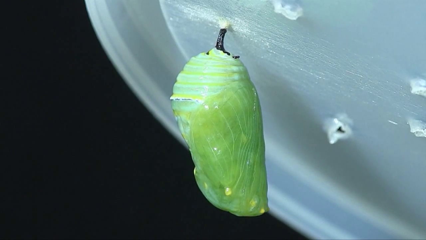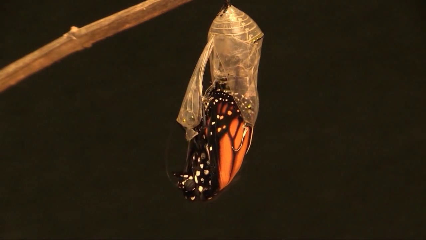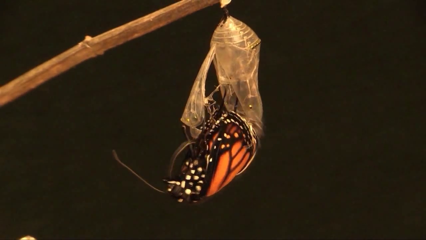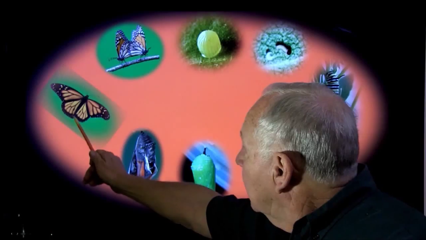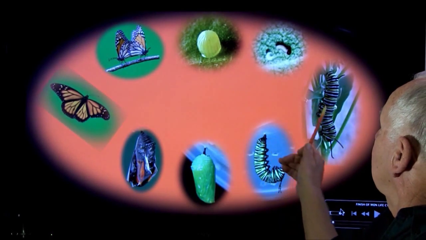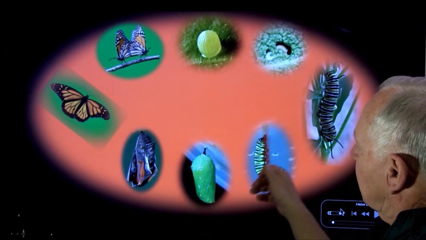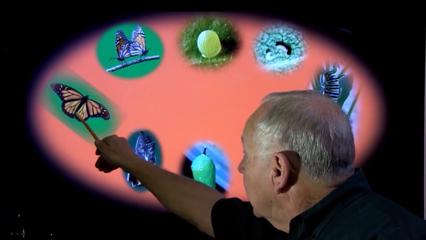The chrysalis is the pupal stage. The pupa stage ultimately emerges as the adult butterfly. Life cycle: adult, egg, larval stage, the caterpillar, pupa stage, the chrysalis, back to the adult again.